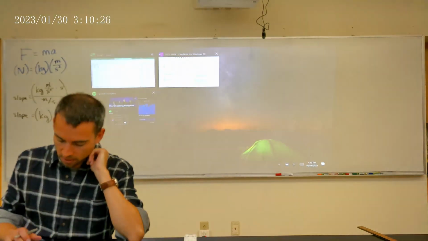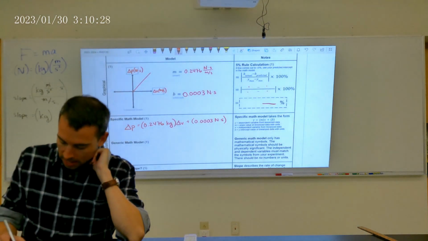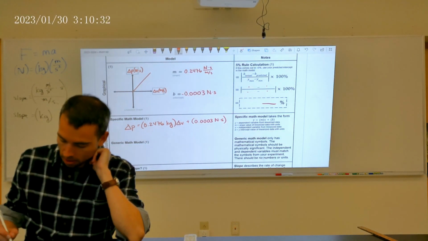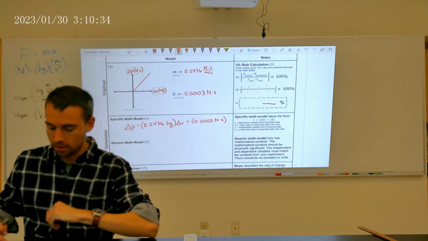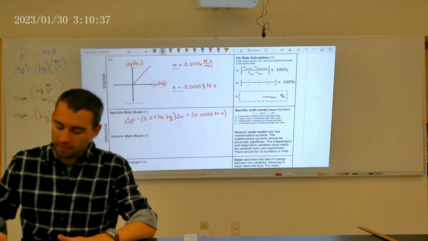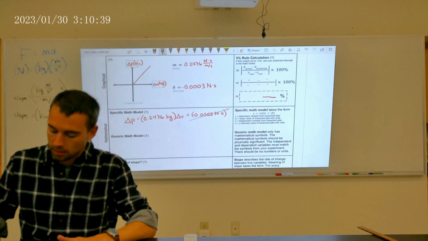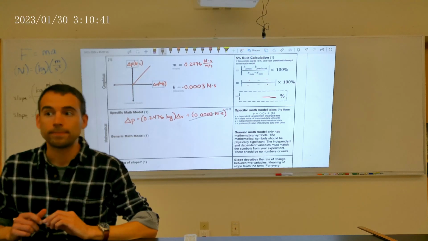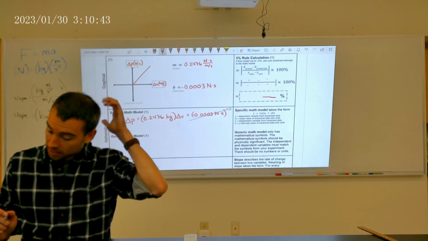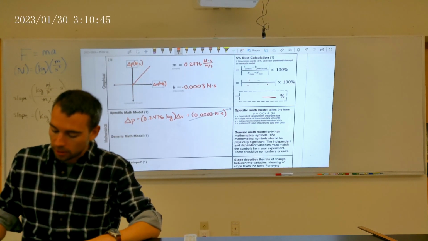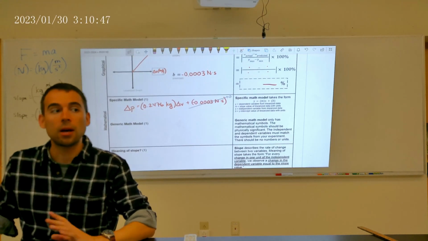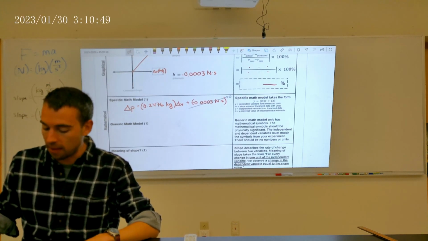There was a negative, so I better make sure to carefully put that negative in there. And we are going to have everybody just assume that this intercept goes away. It's not important, it's negligible. A little bit of errors came up in our calculations, and we'll talk about where that intercept came from.